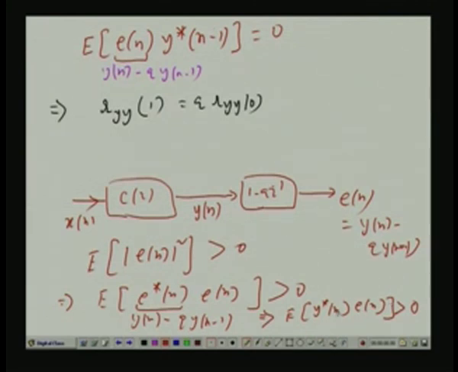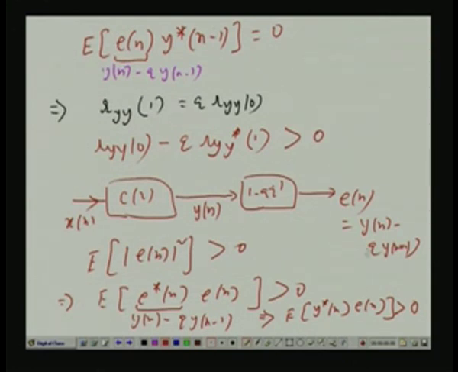What is y star n? What is E n? E n again you replace by this. So, what you will get is R y y 0 minus q star 1 greater than 0.